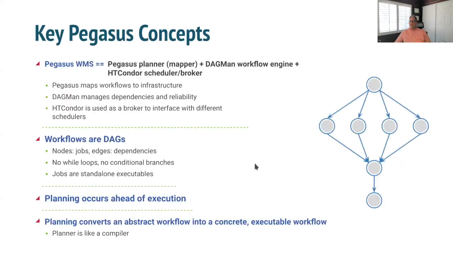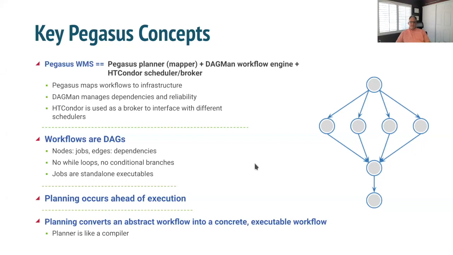Now, Pegasus is a workflow management system implemented on top of the DAG concept. And it's actually implemented on top of DAGMan. You might have been looking at DAGMan, which comes with Condor as a workflow engine already. And really what Pegasus does is it takes DAGMan to the next level.